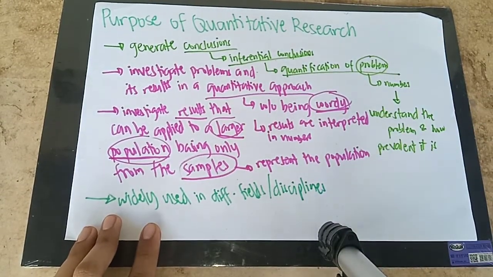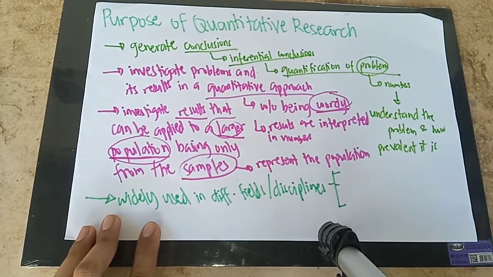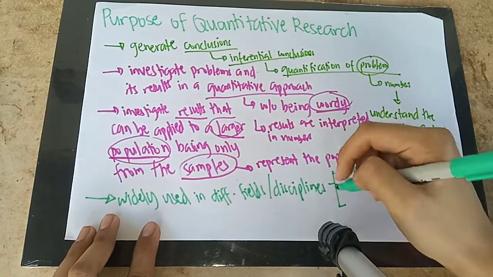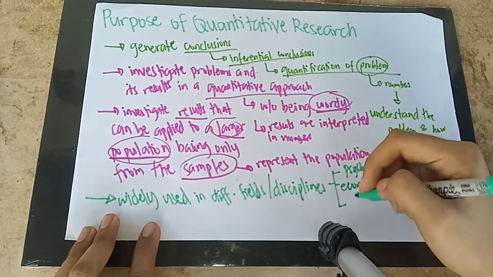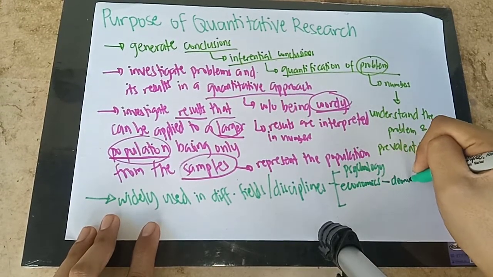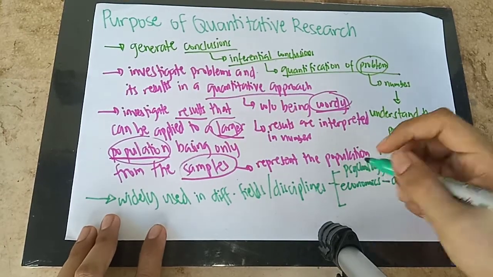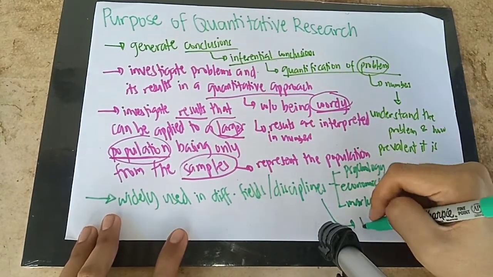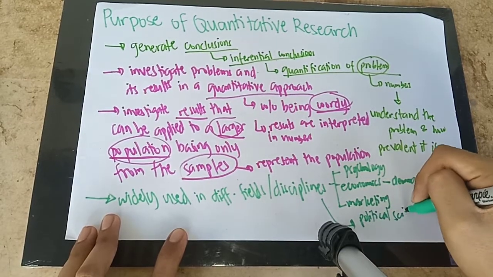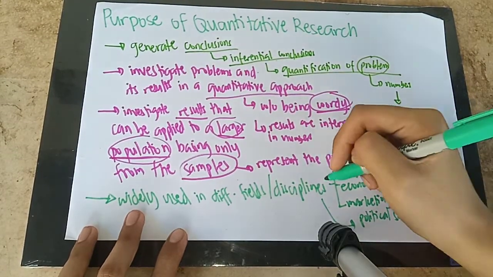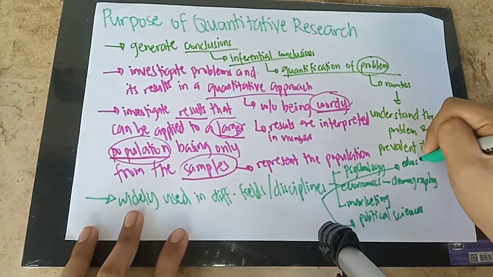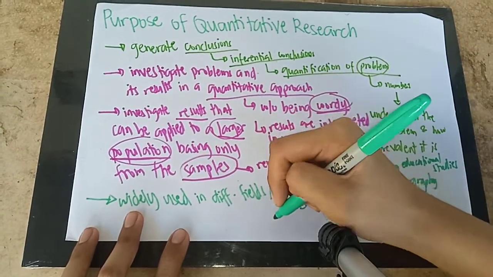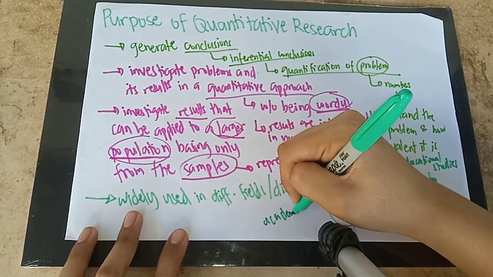Let us try to enumerate some: psychology, economics involving demography, marketing, political sciences, educational studies, and most especially academic disciplines.